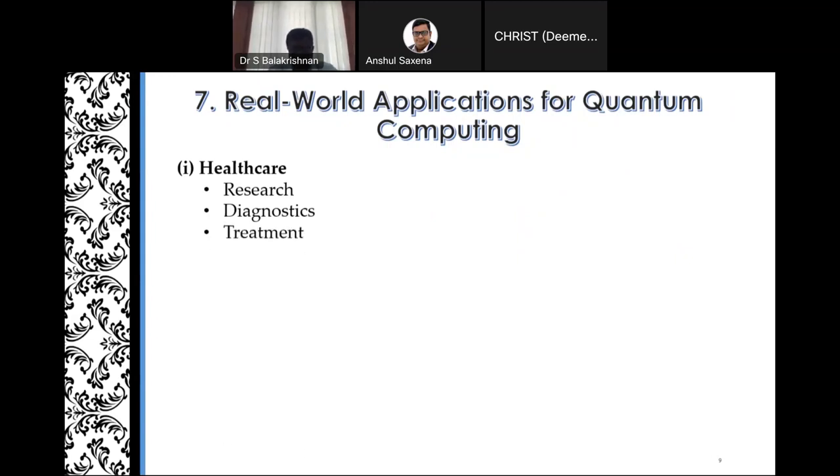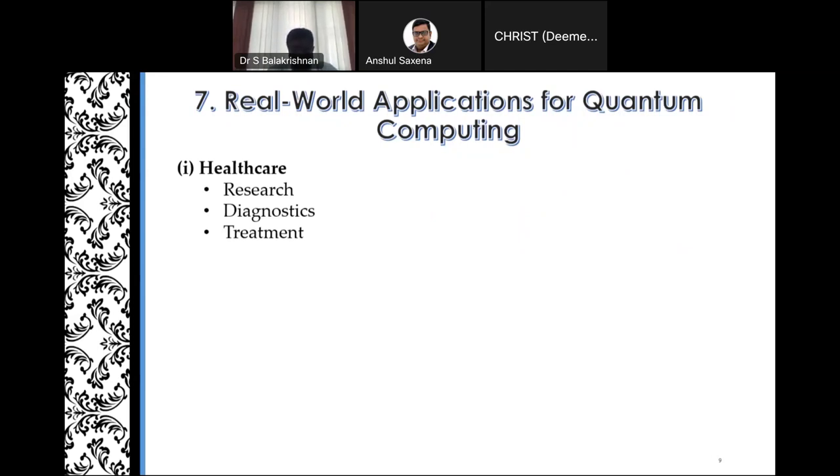The third thing is treatment, and how quantum computing provides treatment in the healthcare domain. For treatment purposes, we come up with targeted treatments such as radiotherapy, which depends on the ability to rapidly model and simulate complex scenarios to deliver the optimal treatment.